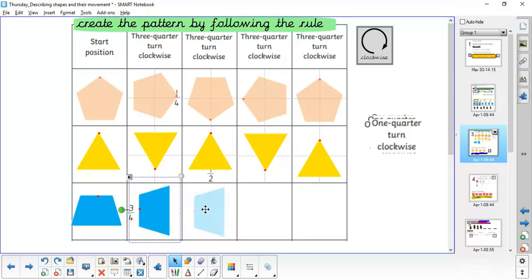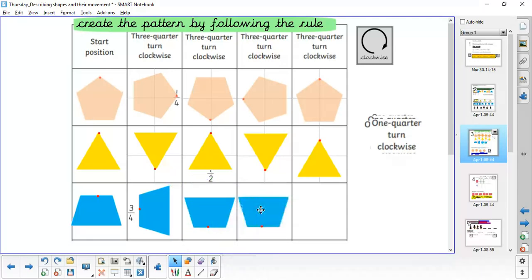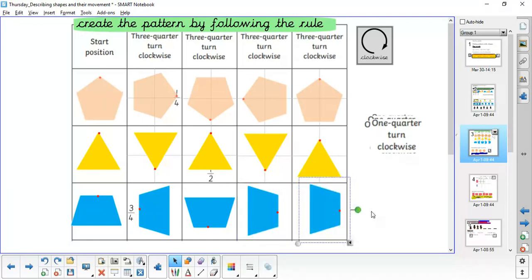And from that position, I need to make another 3/4 turn. 1/4, 2/4, 3/4 turn. And from that position, another 3/4 turn. 1/4, 2/4, 3/4 turn. And my final shape, I have to yet again do another 3/4 turn. 1/4, 2/4, 3/4 turn.